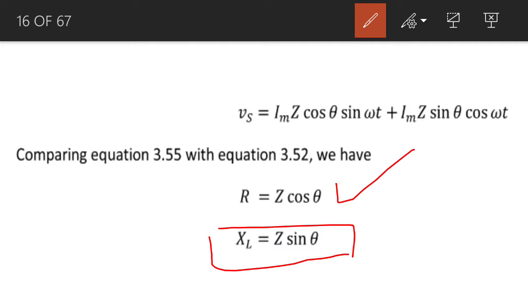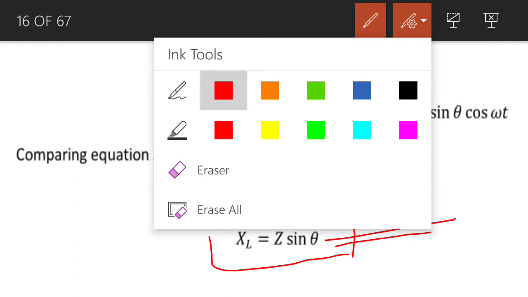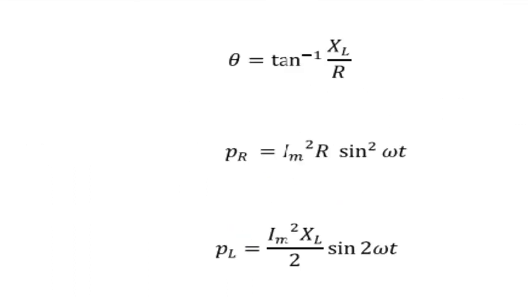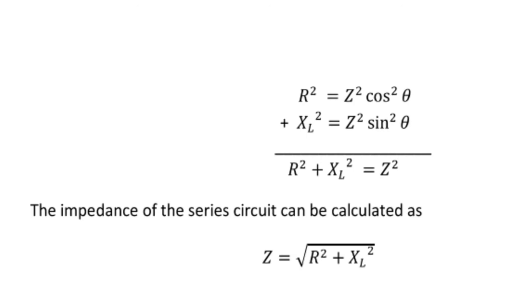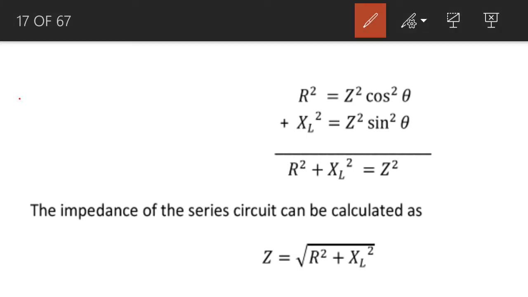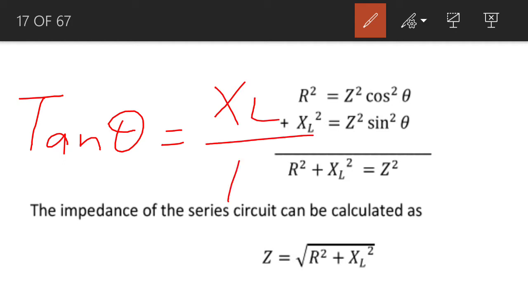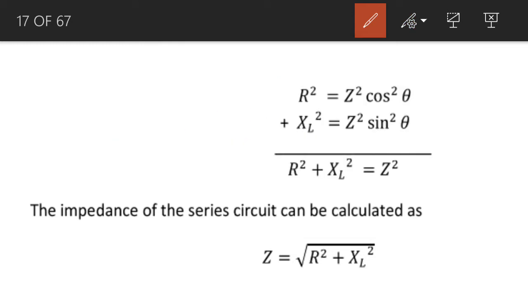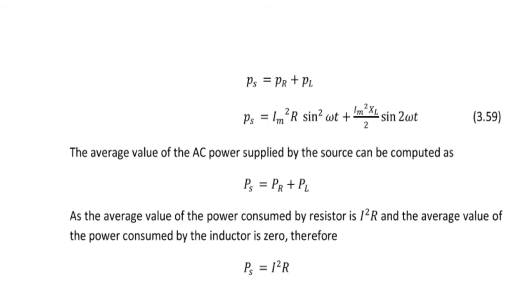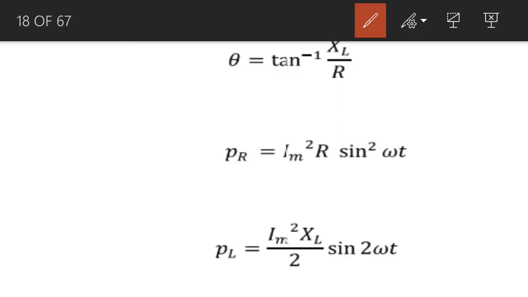So if we divide this equation by this equation, we will get tangent theta, which will be equal to XL by R. So tangent theta is basically equal to XL by R, and theta will be equal to tangent inverse XL by R.